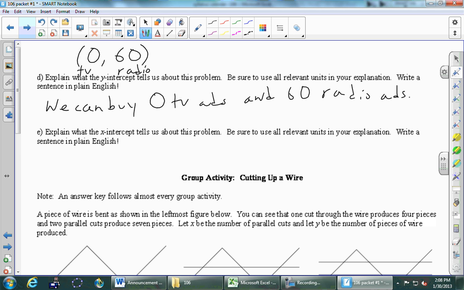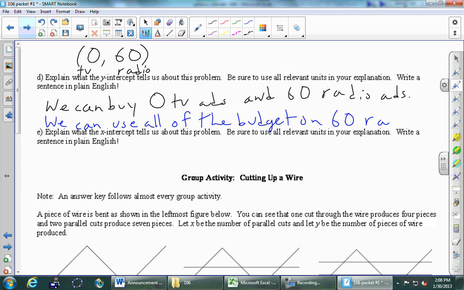Great. You can write the same sentence for the next part, which is about the x-intercepts. I do think it's a little bit awkward to say buy 0 TV ads, just like we said the balloon was 0 feet off of the ground. So maybe a little bit better is we can use all of the budget on 60 radio ads.